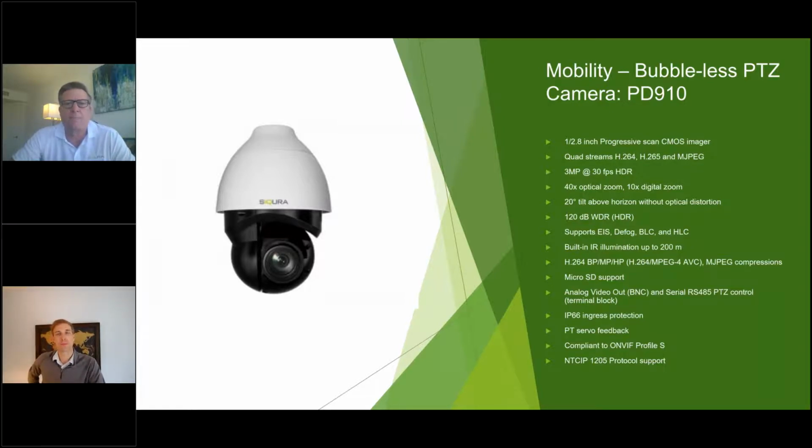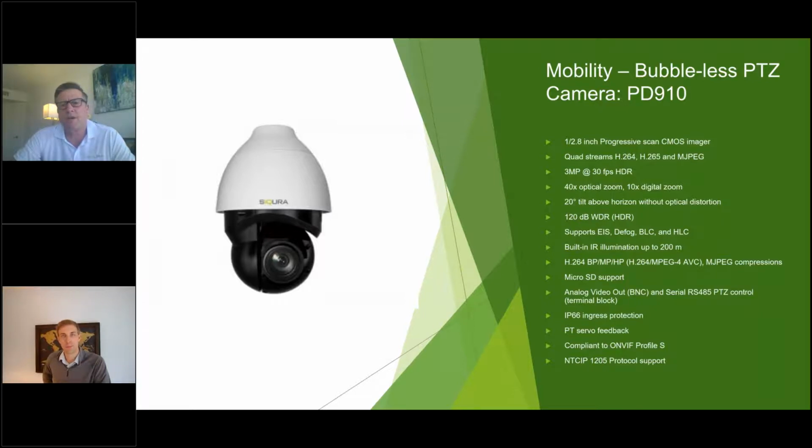So that's one thing. Domes tend to cloud after a while, and then they'll need to be replaced. This camera should not need that. Especially in ITS, domes sometimes have a tendency to show distortion when headlights hit them, so you don't have that problem with this camera as well.